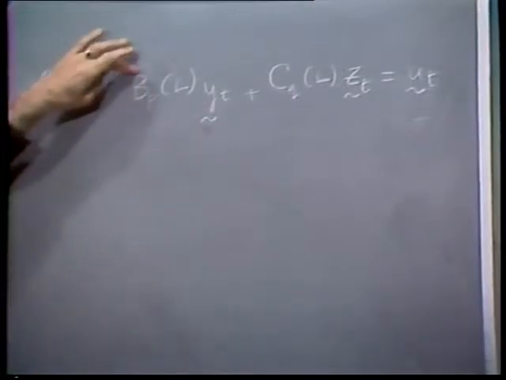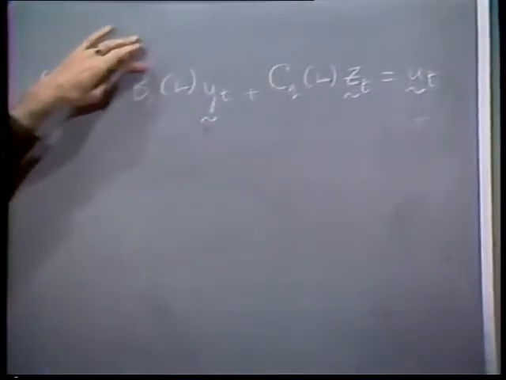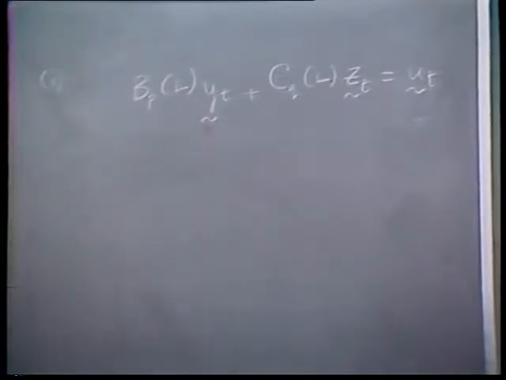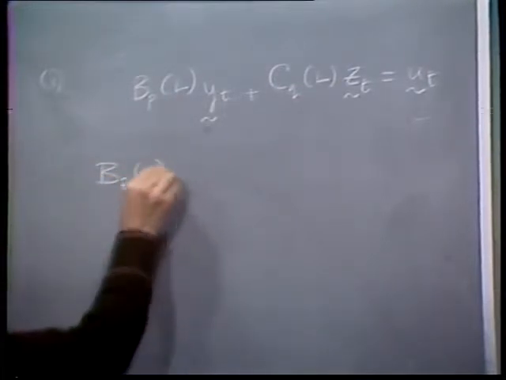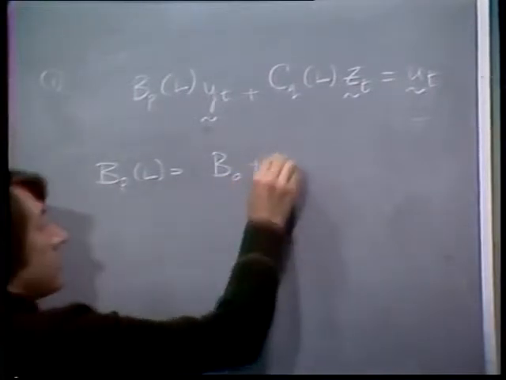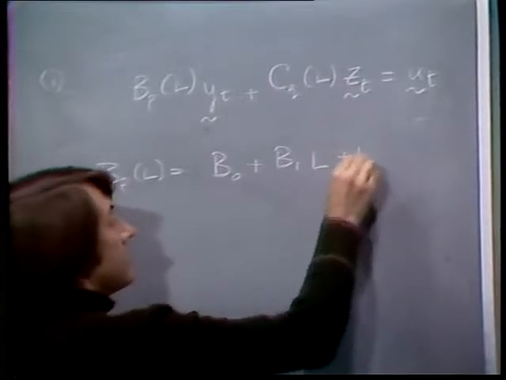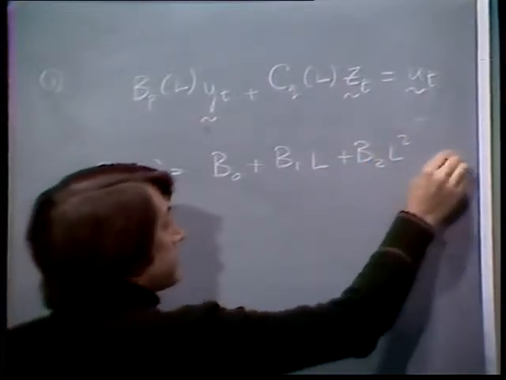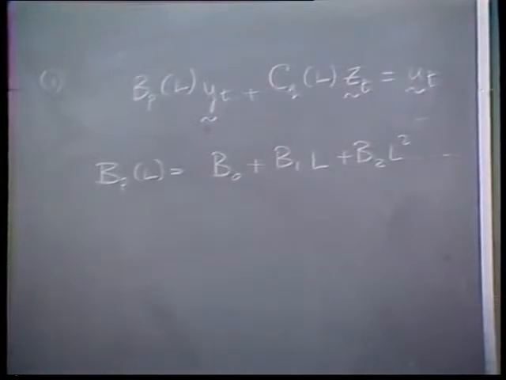And then the coefficient matrices are the coefficient matrices in a matrix polynomial in the lag operator L, so that beta p of L is B0, which is the usual coefficient matrix of the current endogenous variables, plus B1L plus B2L squared, and so on up to P. A similar definition of C of L, that's a matrix polynomial in L of order Q. And we have the error terms.